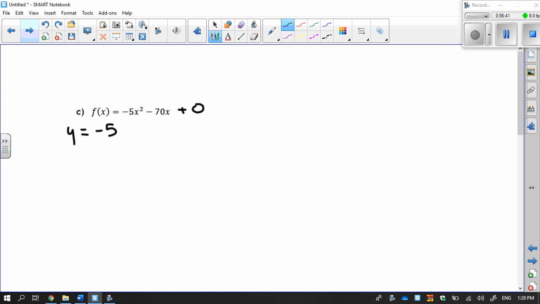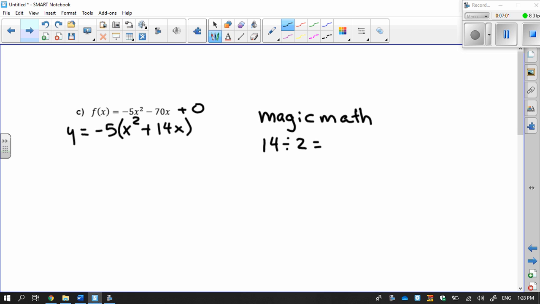So negative 5 x squared plus 14x. We need to find our magic number. So you get 14 divided by 2 gives us 7, squared gives us 49.